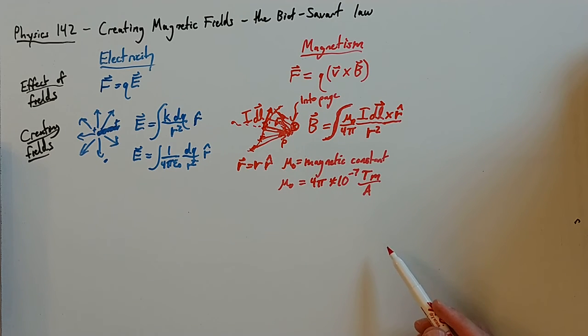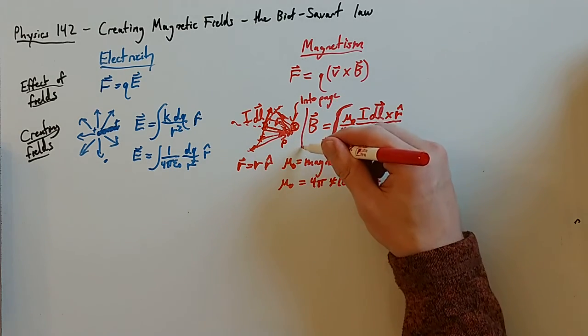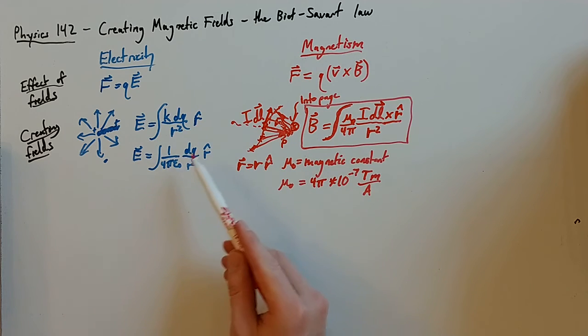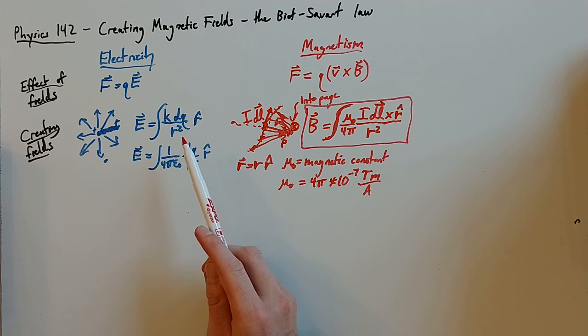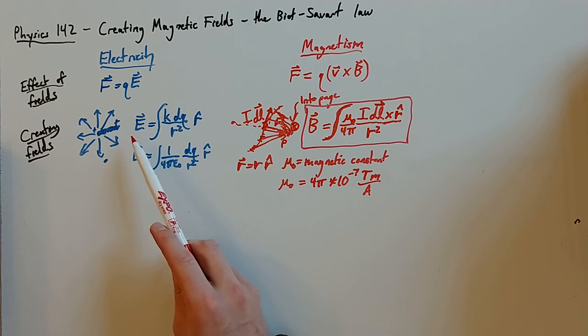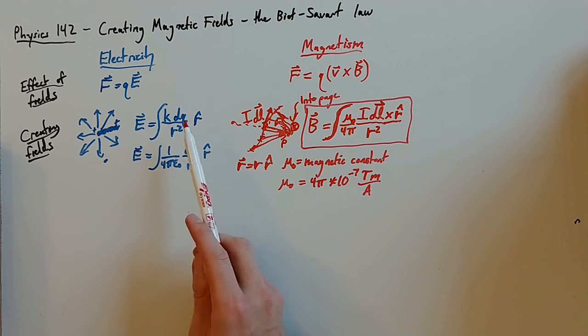So this is the Biot-Savart law, all right? This one right here. And this is essentially the equivalent of what we called Coulomb's law, very similar to that for creating electric fields, where we had dq over r squared, and you had to add up all the dq's, right?